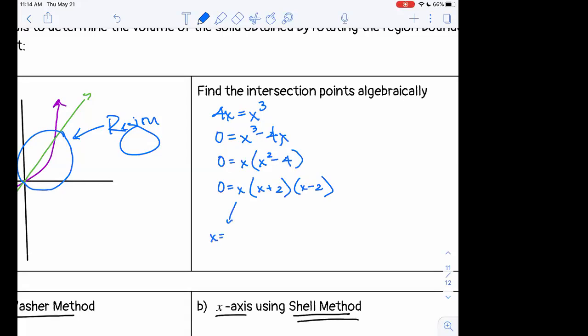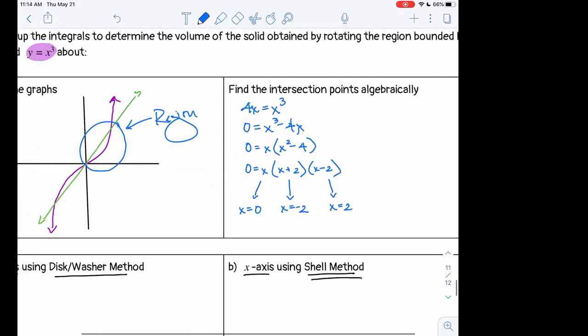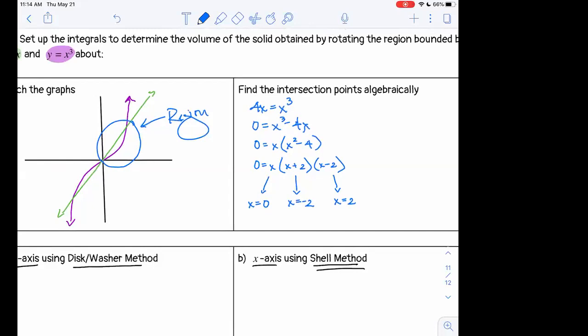One of them, the functions cross at x equals 0. Another intersection point is at x equals -2. And the third intersection point is x equals +2. Okay. So what you want to make sure you do is pick the right bounds for the region that you're interested in. So because I'm only looking in the first quadrant, I don't want the one where it's x equals -2, okay?